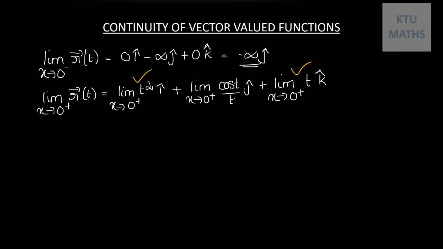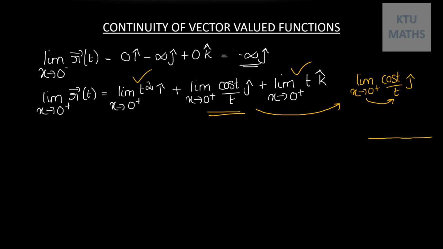You can verify the answer. I will show you how this answer will become infinity j. Let us write it here. Right limit x tends to 0 cos t by t j cap. We have to put the values from the right side to 0. That means if it is 0, we have to come from the right side and put values that are approximately equal to 0.